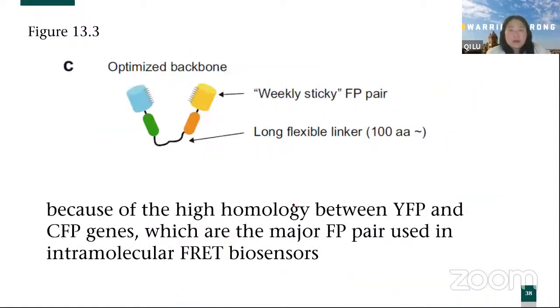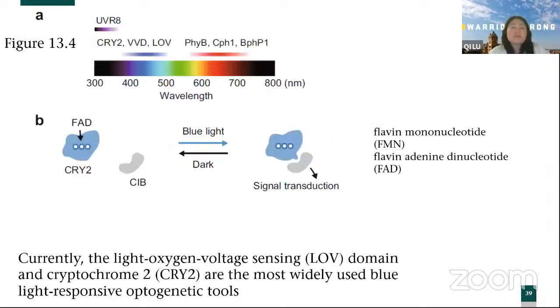Because of the high homology between YFP and CFP genes, they are the major FRET pair used in intracellular FRET biosensors.